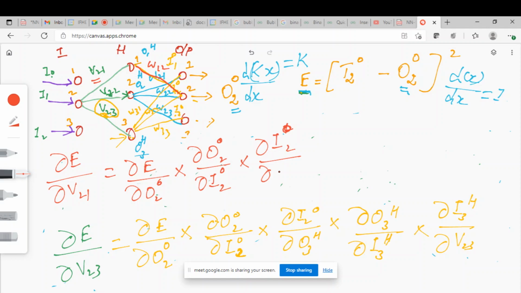What should come here? The output of the first neuron of the hidden layer depends on what? Its own input. So I1H and then V21. So this is how it should be solved.